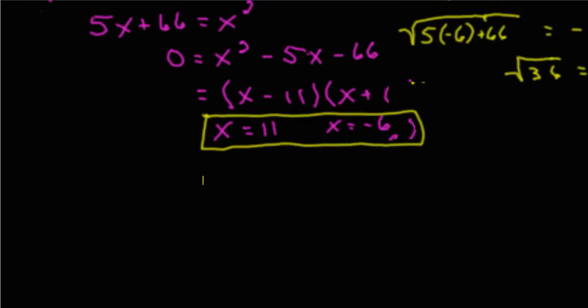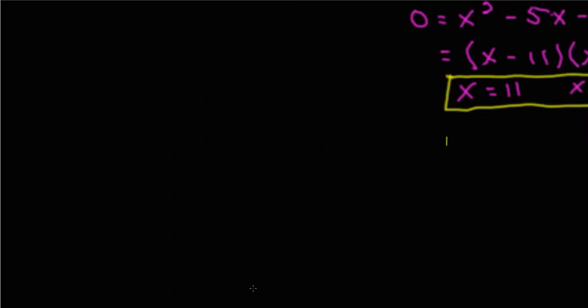So the next problem that we're being asked is, drum roll please, the square root of 2x plus 19 minus 8 equals x.